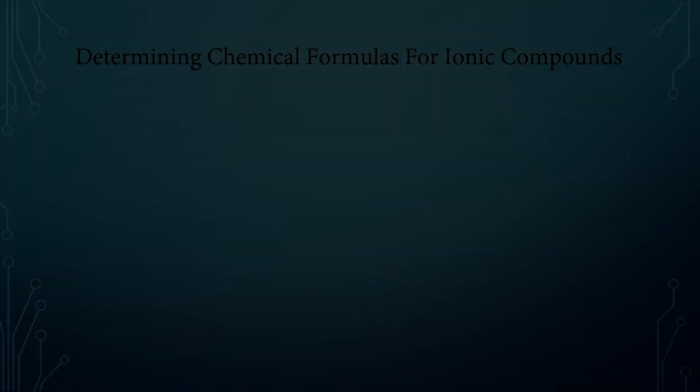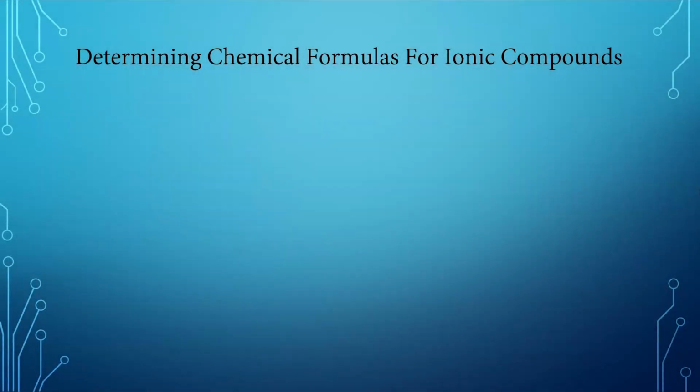Now, we definitely don't want to go to all the trouble of drawing complicated diagrams every time we need to figure out the formula for an ionic compound. So let me show you a much simpler stepwise process that you can follow. Suppose we wanted to come up with the formula for the compound magnesium fluoride.